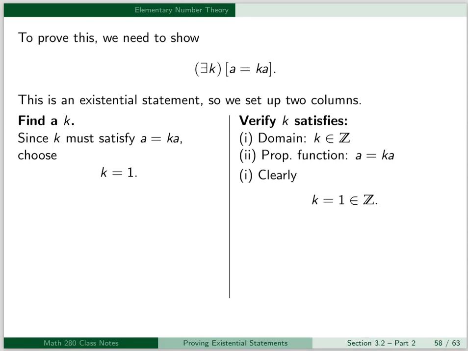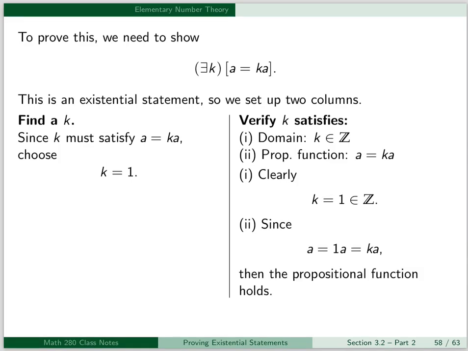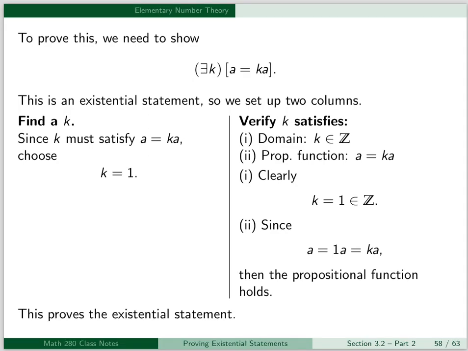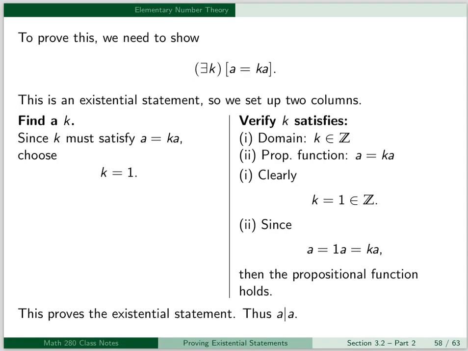And for our verification, clearly k equals 1 is an integer. Not much to say there. And since a is equal to 1 times a, which is ka, the propositional function holds. And this proves the existential statement, and thus a divides a. So this is a very simple proof.